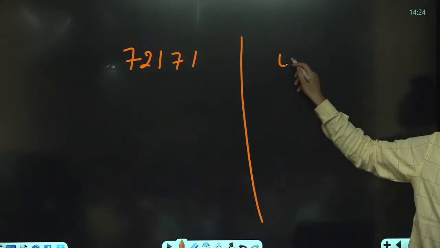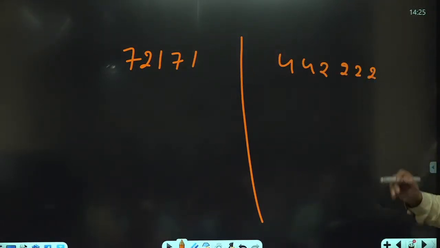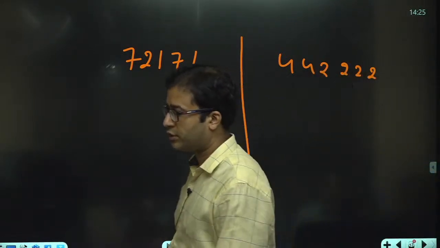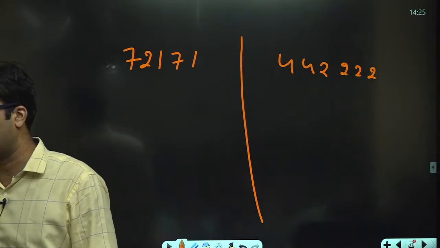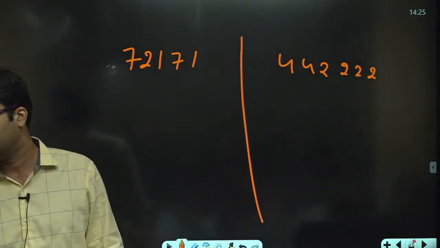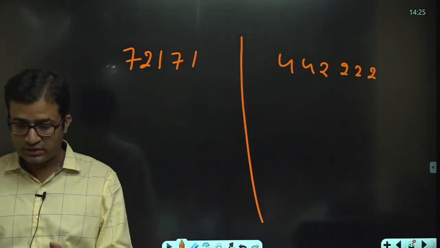One more. 4,42,222. Is it divisible by 9, yes or no? If no, then what is the remainder? थ्री से नहीं करना, 9 से करना.